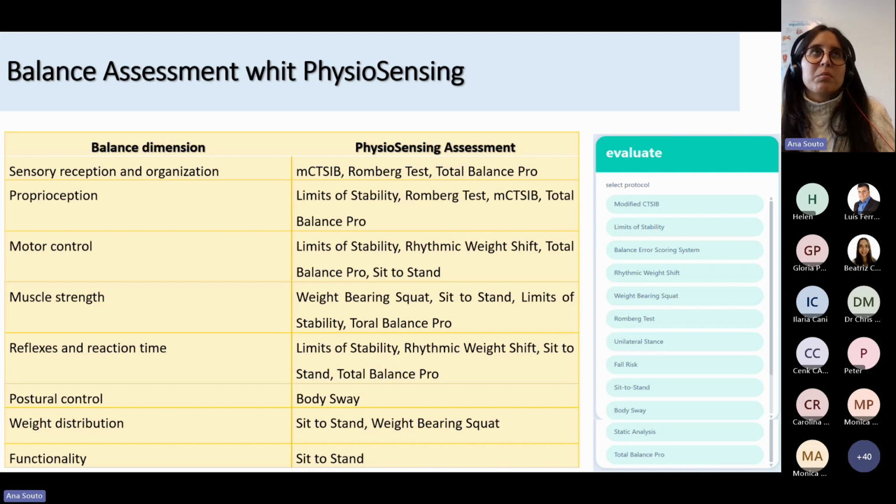I'm not going to say it's not good, but it's good for research, and for clinic we need fewer parameters and a simpler way to assess balance and body sway. It shows too much. For weight distribution, you have sit to stand and the weight-bearing squat, and for a functional analysis we use the sit to stand.